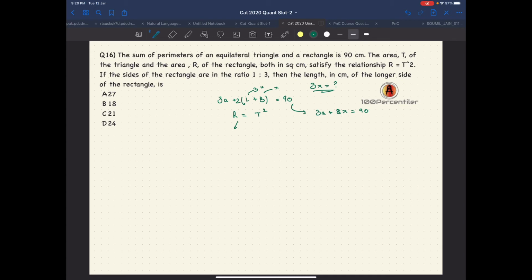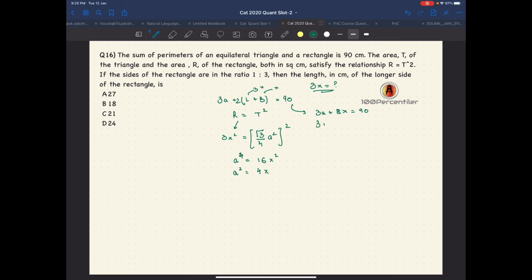Now on this we can write 3x square as the area of rectangle is equal to area of the triangle square. So the 3 gets cancelled out here and we'll be left with a square equal to a raised to power 4 equal to 16x square, and therefore a square equal to 4x.